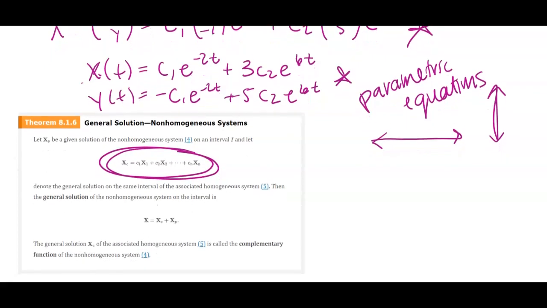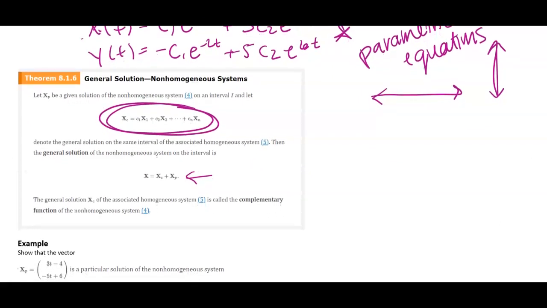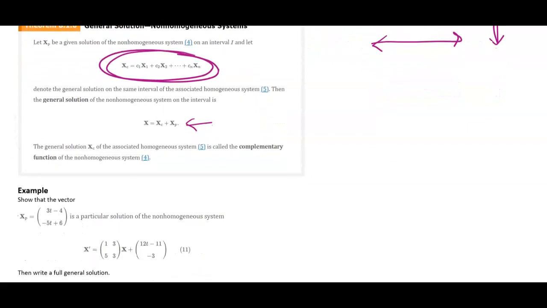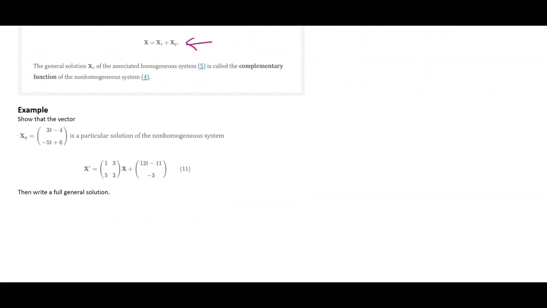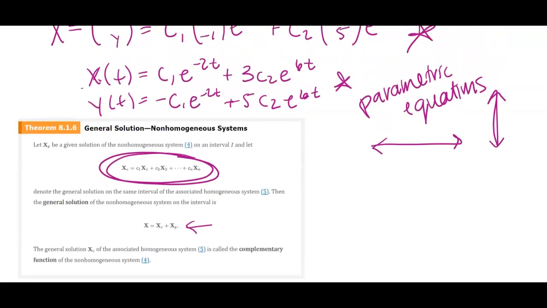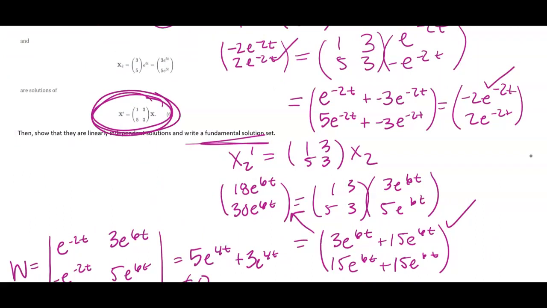And then if you do have a non-homogeneous solution, then you would add that xp on the end. So let's go ahead and show that this is a solution to a non-homogeneous system. Notice here that this first part is the problem that we just did.